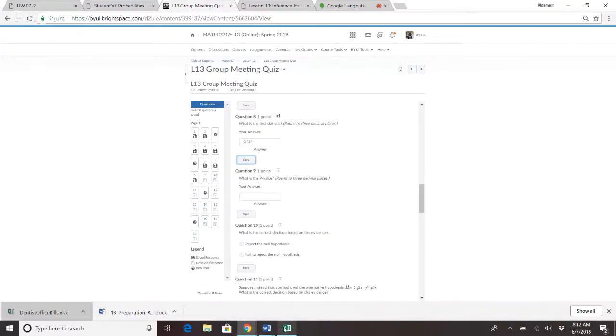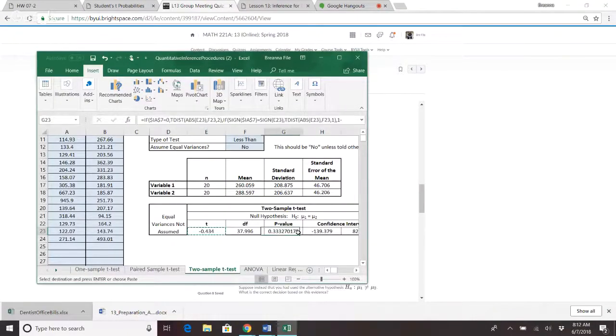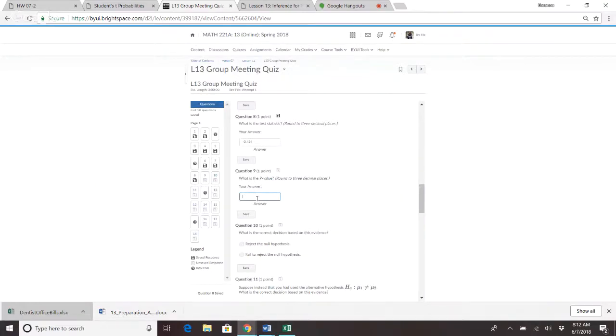Hopefully we're doing this right. I know, it seems too easy, right? I know it does seem really easy, but we've kind of just built upon the last lesson. And then the p-value. Okay, 0.333. Yeah. Now what we're supposed to do, this is where you come in handy. Do we reject or fail to reject?